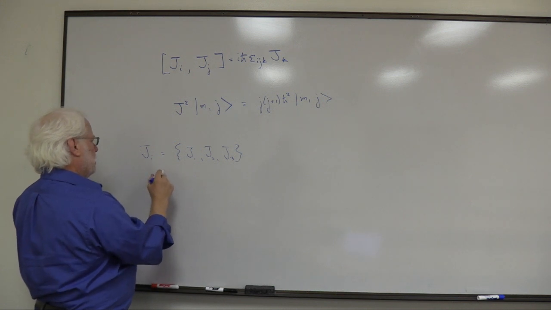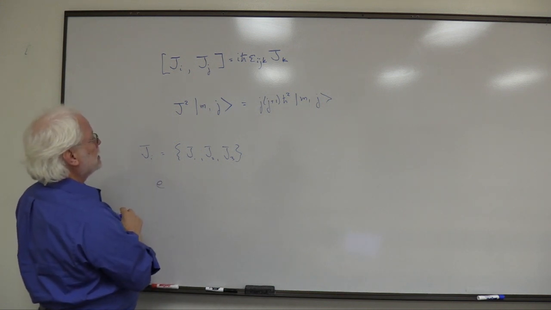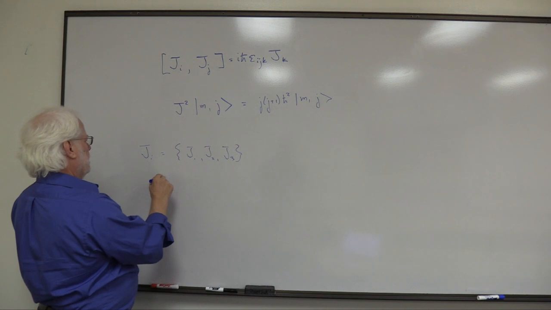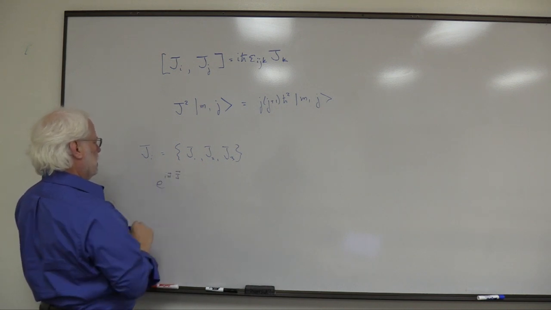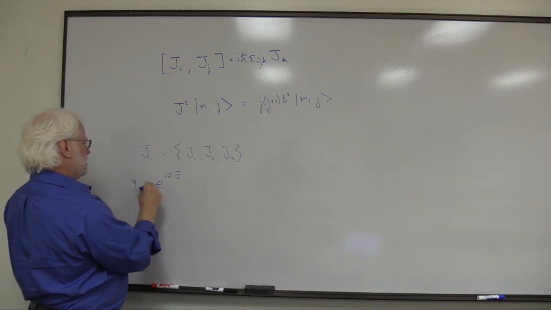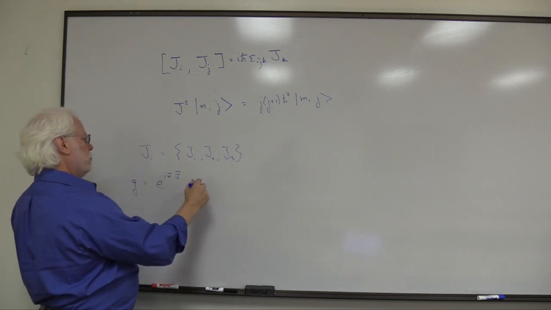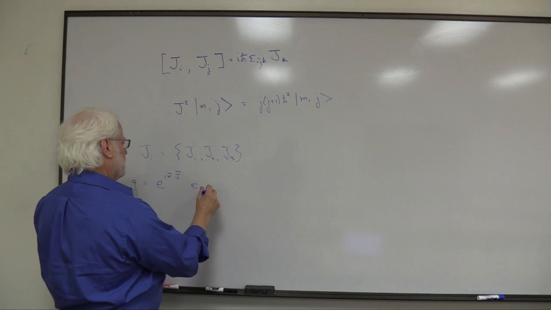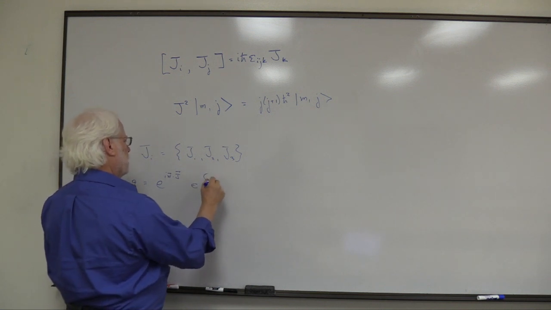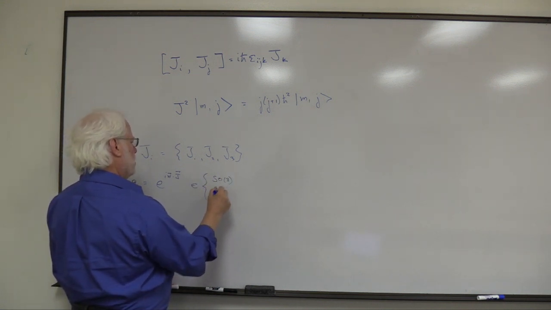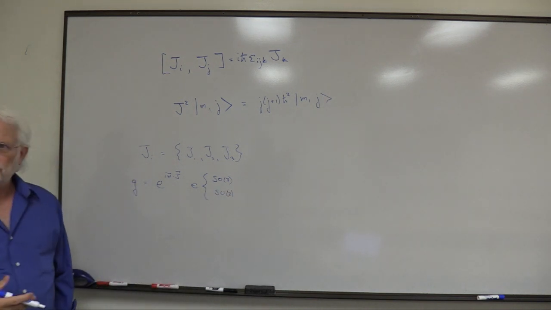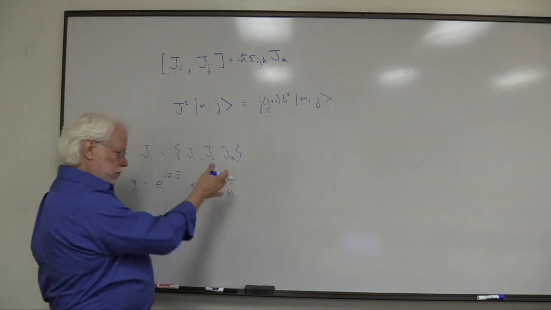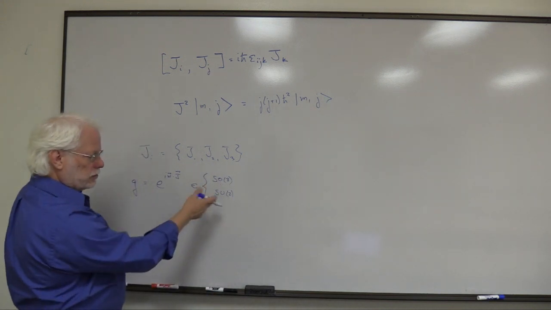If we exponentiate these with real parameters, they will be elements of the rotation group, either SO(3) or SU(2), depending on the representation. There could be other representations. These are the ones we've studied.